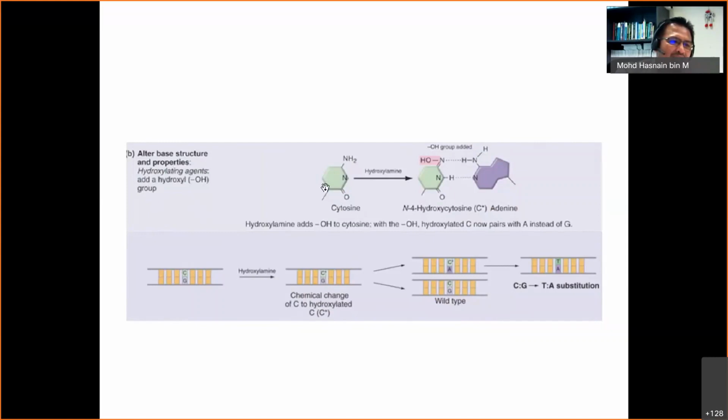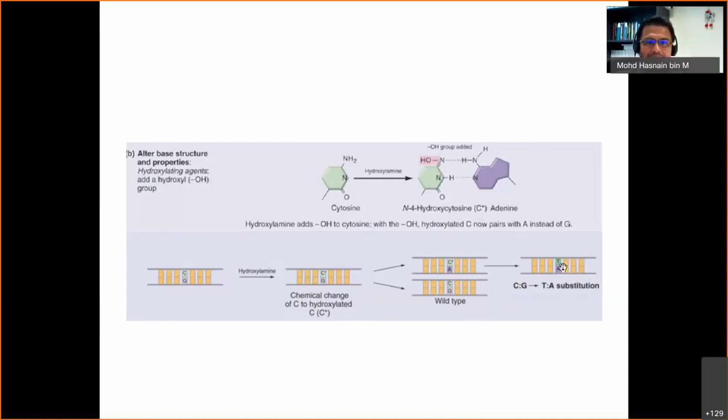Cytosine is supposed to pair with guanine, but when it is hydroxylated, this group allows it to pair with adenine. So you can have a CG become a TA mutation.